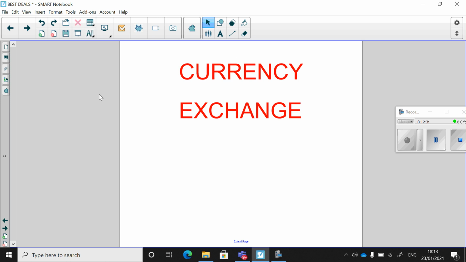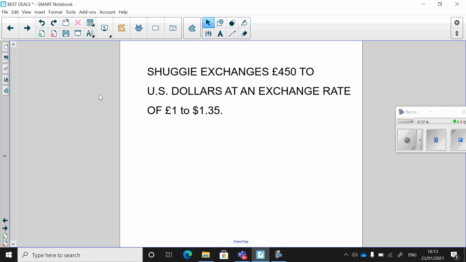Right, let's change the subject here. I'm going to deal with a thing called currency exchange. What's that all about? Changing money. Right, this is my pal Shuggy, and we're going to talk about Shuggy. Like it says there, it's exchanging £450 to US dollars, and it's telling you what the exchange rate is: £1 to $1.35.